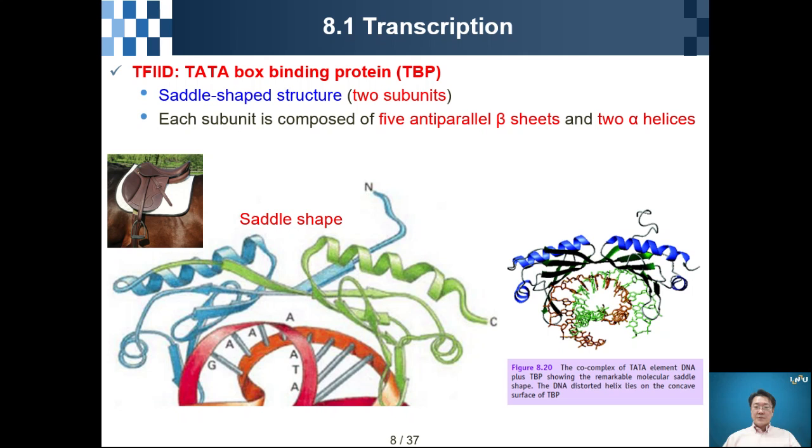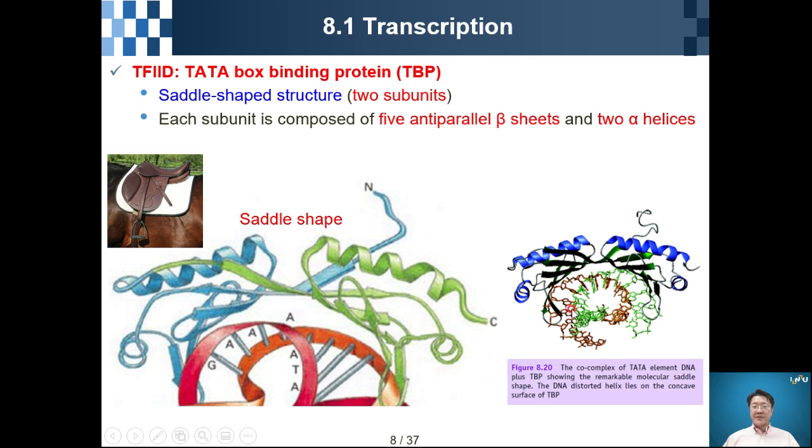Okay, so in this slide I will explain the TF2D structure, transcription factor 2D structure. We call it the TATA box binding protein, or in other words, TBP. So this is the TF2D, and this is DNA.